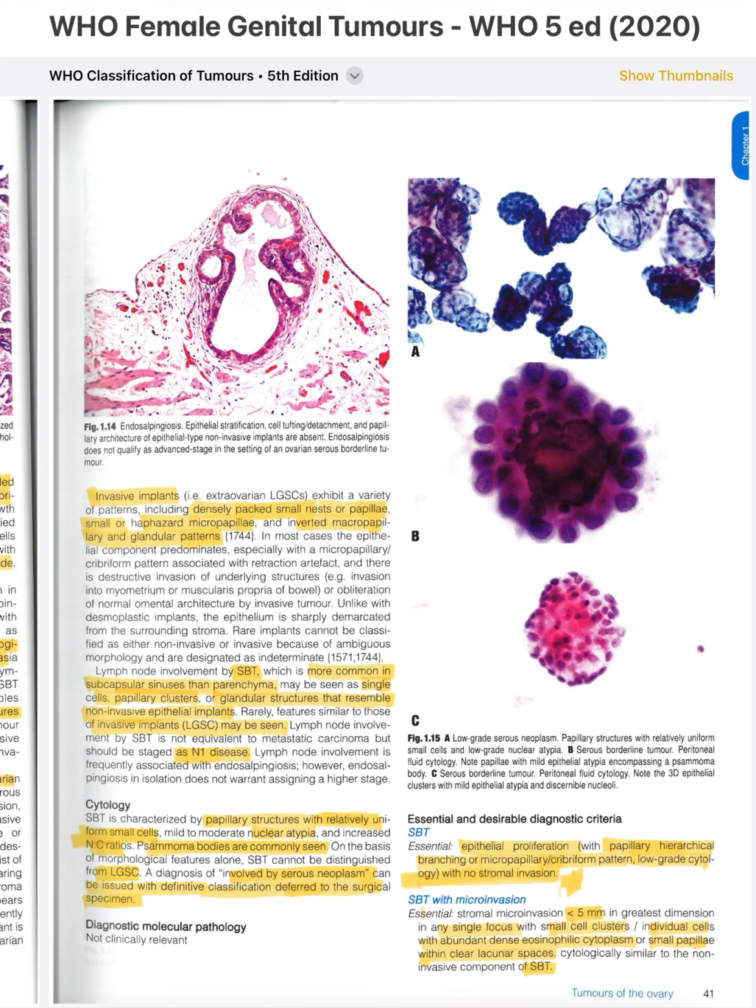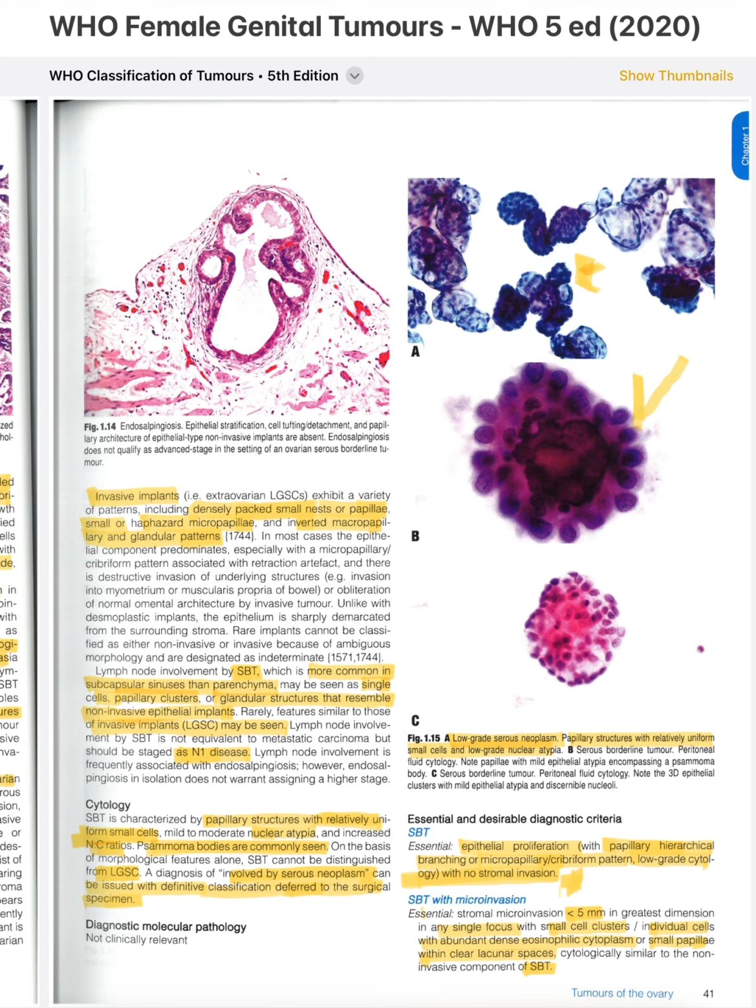If we talk about these images, A1 is the cytology of low grade serous neoplasm. There are papillary structures with uniform, relatively small cells and low nuclear atypia. Then we have serous borderline tumor in peritoneal fluid cytology.